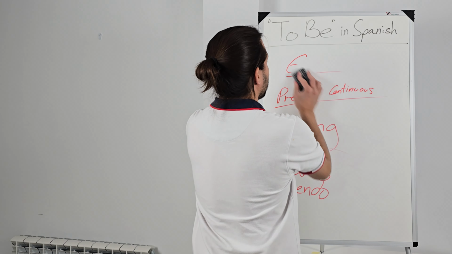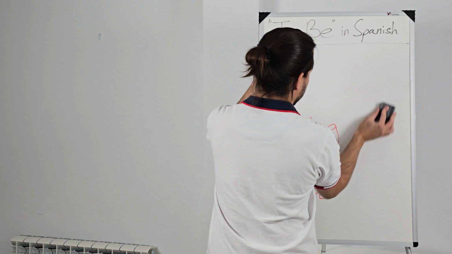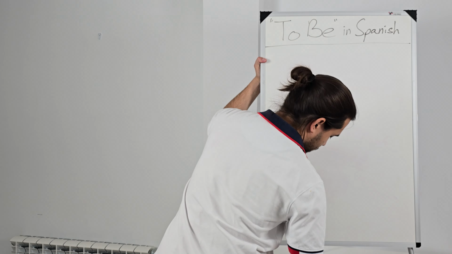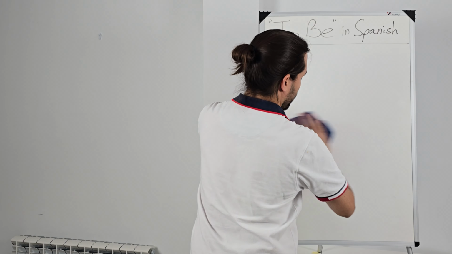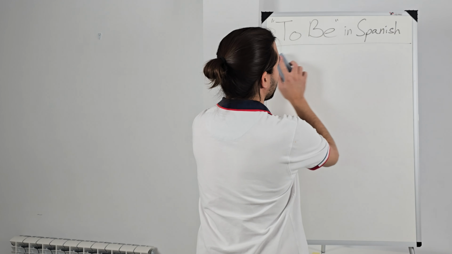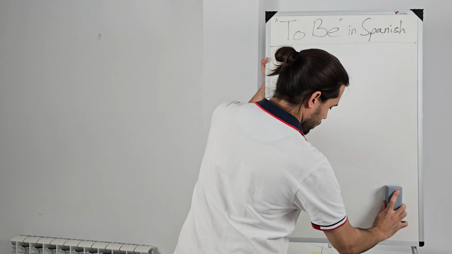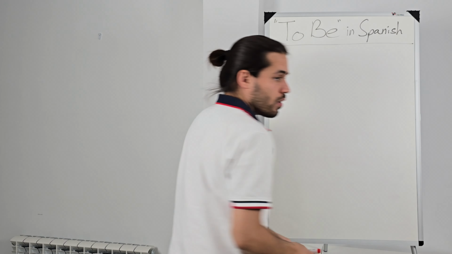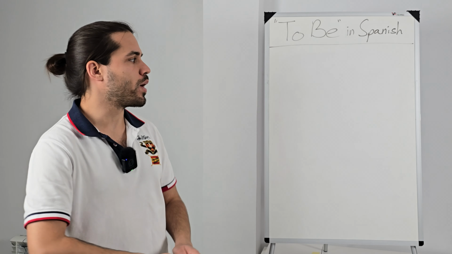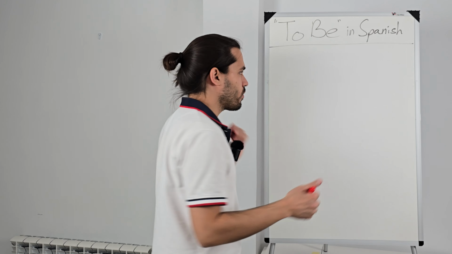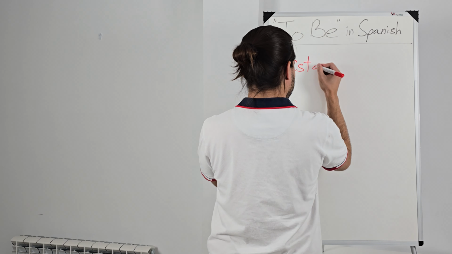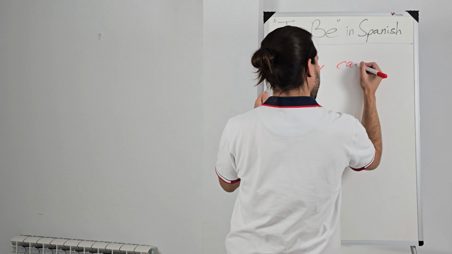So, what do I mean by this? Let me show you. So if I'm doing something in the moment, I'm going to do it one moment and then the next moment I'm not doing it. Like singing, for example, you could say, estoy cantando.